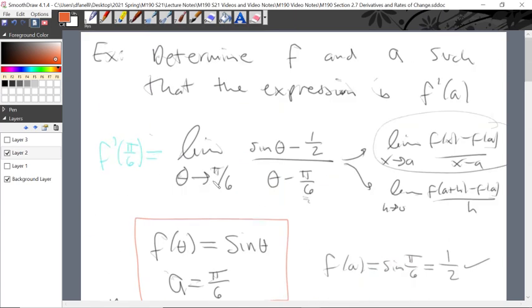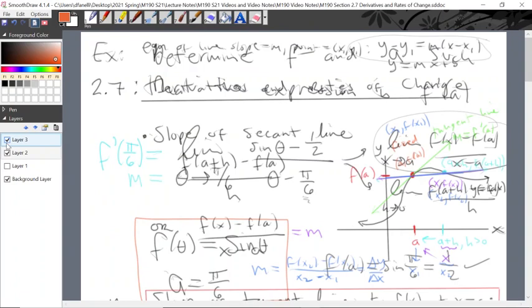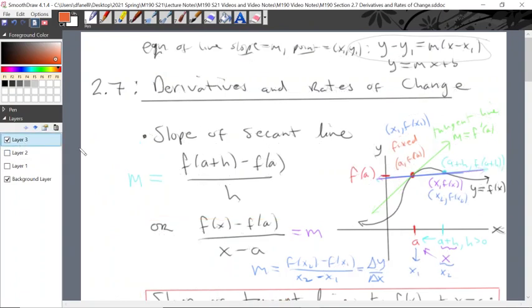Okay, so this brings that concept of motion of an object, velocity, back full circle to where we started at the beginning of the chapter. Okay, we have a context for this. An object is moving, its velocity is changing, that is, it is accelerating or decelerating, and we want to try to figure out what its instantaneous velocity is.